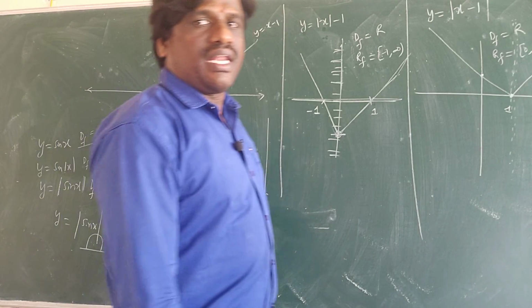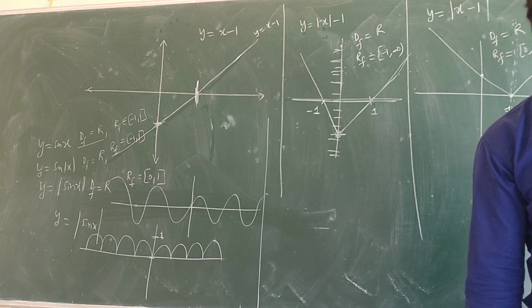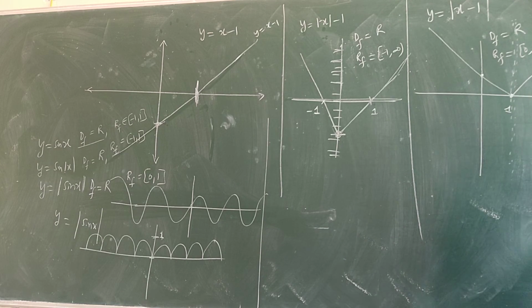So domain and range, such types of things, we can see graphically, and we can solve the questions. If a logarithm is there, I explained that, and the greatest integer and fractional part, we will simplify those. Square root function also I explained, and logarithm.